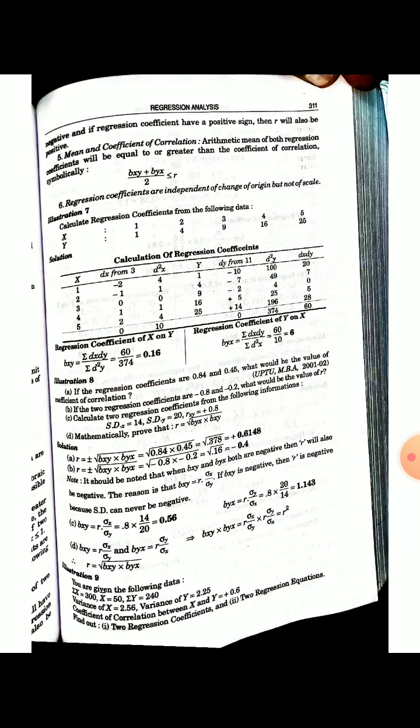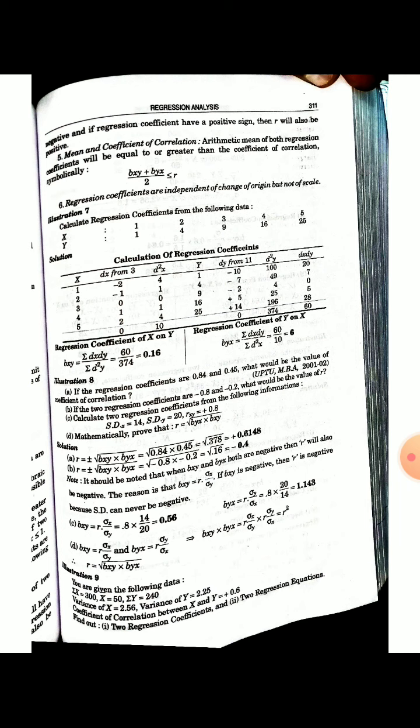For the fourth question, mathematically prove that r equals under root byx into bxy. For that we have to put the values of bxy and byx, which are r sigma x upon sigma y and r sigma y upon sigma x.